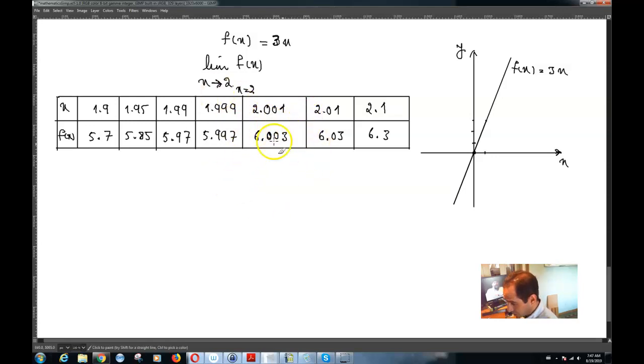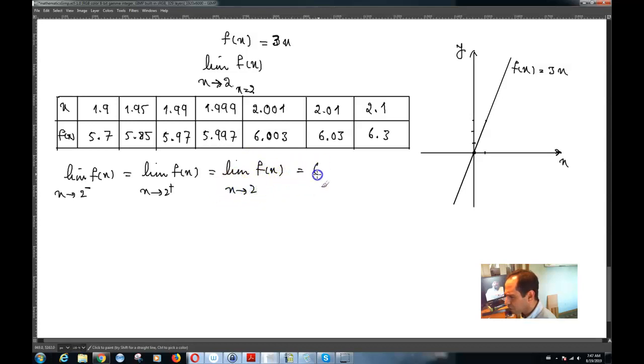And so we can mathematically write this as the limit of f of x as x tends to 2 from the left is equal to the limit of f of x as x tends to 2 from the right is equal to the limit of f of x as x tends to 2, which is equal to 6.